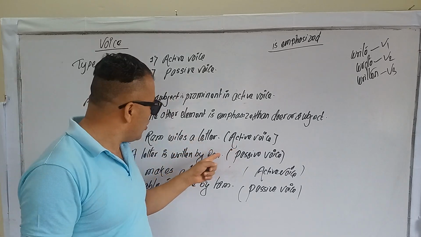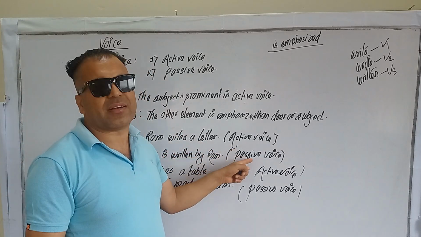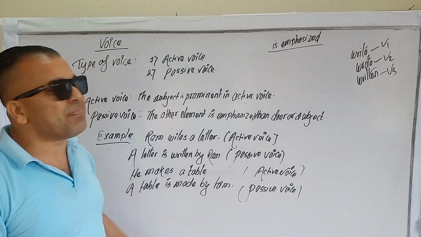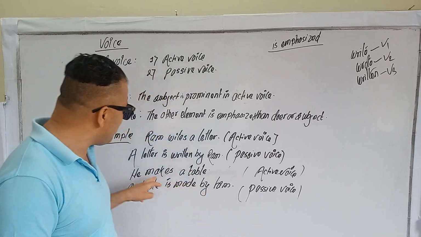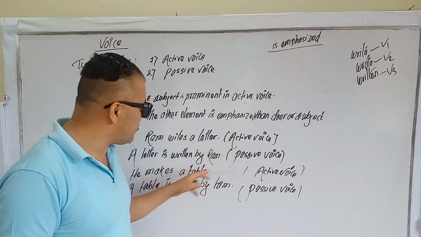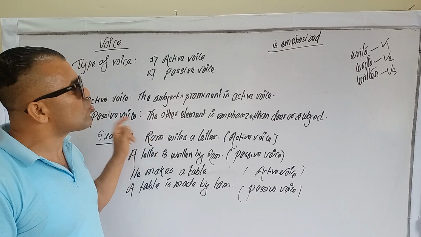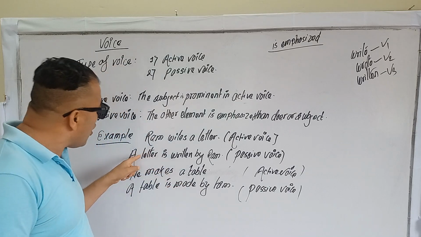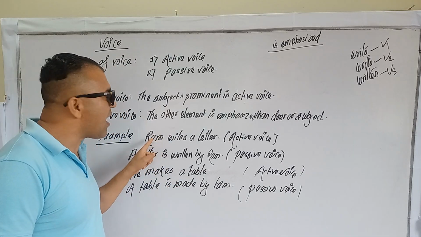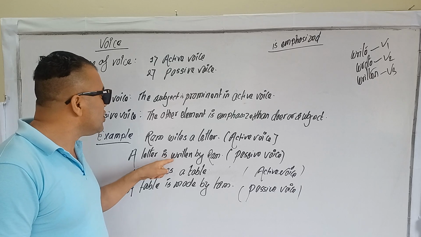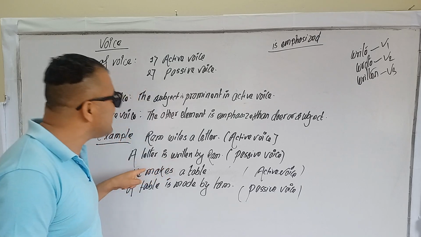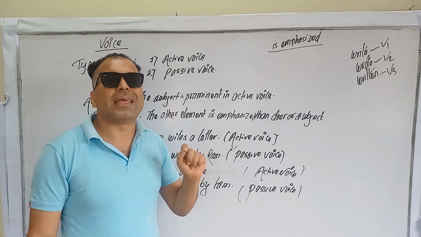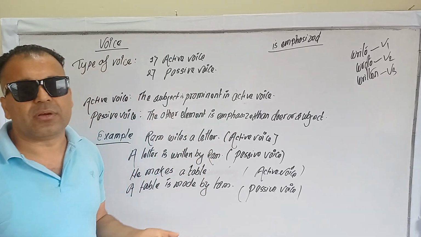Ram writes a letter is active, and the letter is written by Ram is the passive form. He makes a table, or the table is made by him. Ram writes a letter is active voice because Ram is the subject. It is prominent and more important than the other element. In the passive, the letter is more important than Ram, so the letter is written by Ram; Ram is emphasized less than the other element.